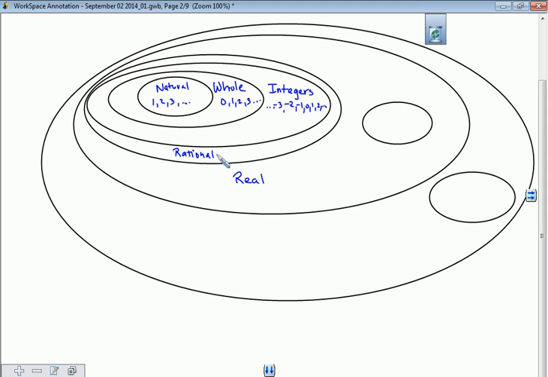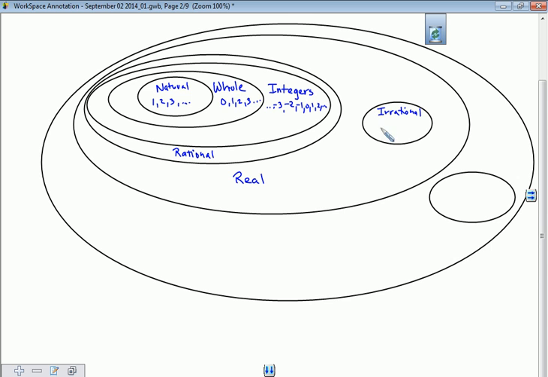Okay, so rational numbers fall within the realm of real numbers. Real numbers basically divide into 2 types, rational and irrational. Rational is really anything we could write as a fraction, if we're going with the very simplistic definition.